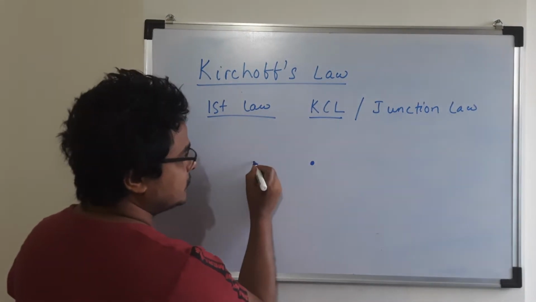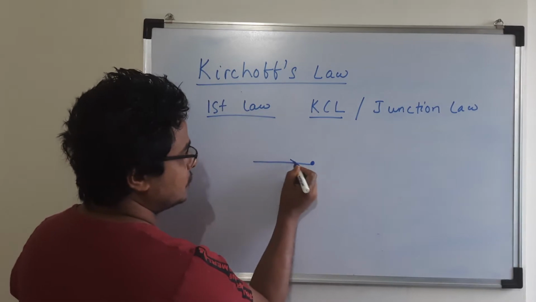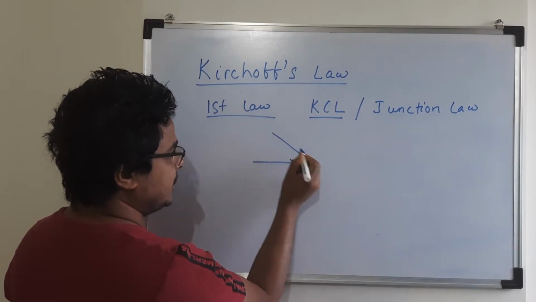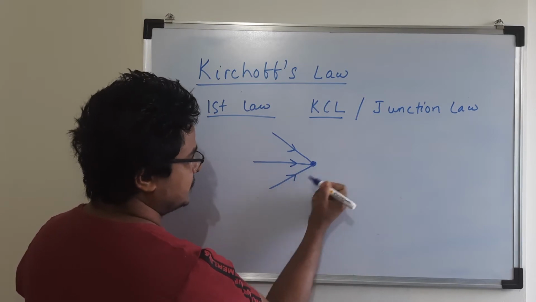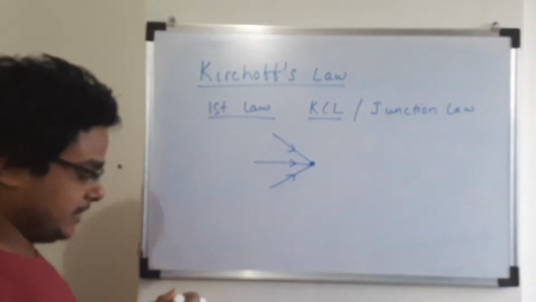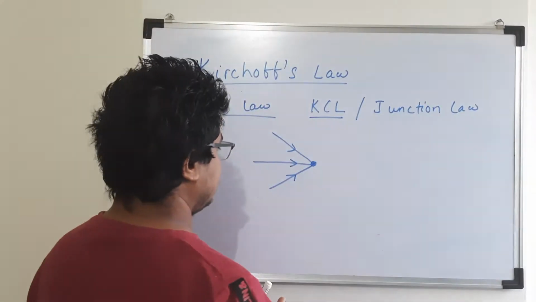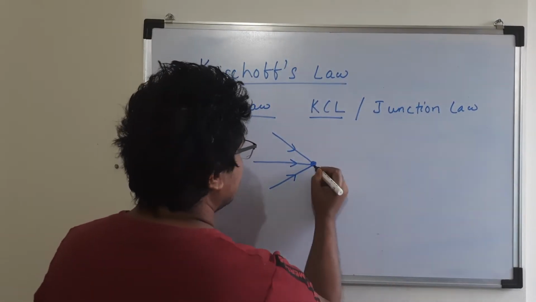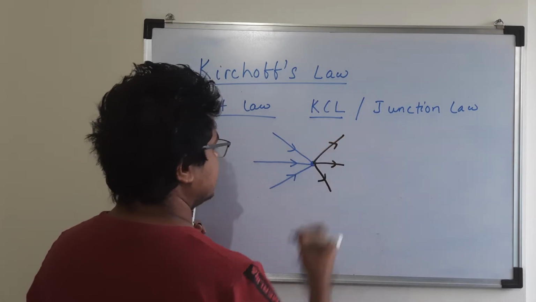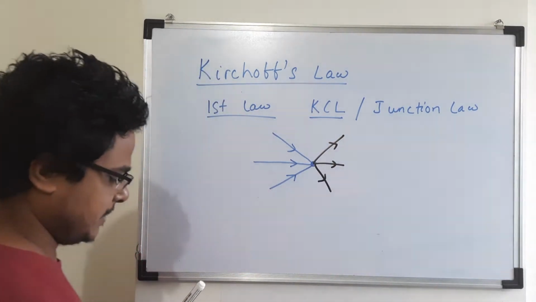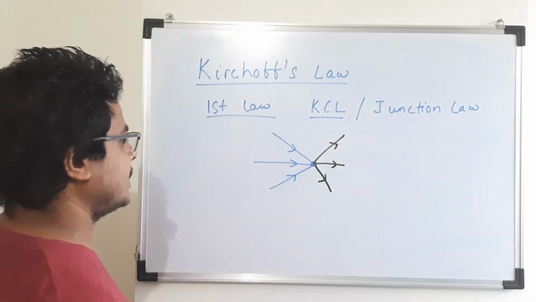So at any junction, suppose I show you currents entering. Some currents are entering here, you can see at this point, and some are leaving the junction. We will just name them randomly.